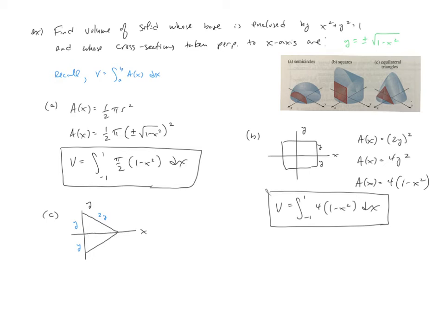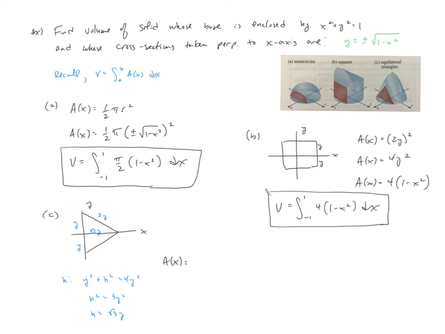Using the Pythagorean theorem, our height can be found by taking y squared plus the height squared equals 4y squared. So the height squared equals 3y squared, and the height equals root 3 times y. Now, the area, I'll call it A of x, even though there's not going to be an x in there just yet, but hopefully it'll remind us where we want to go, is going to be 1/2 base times height.